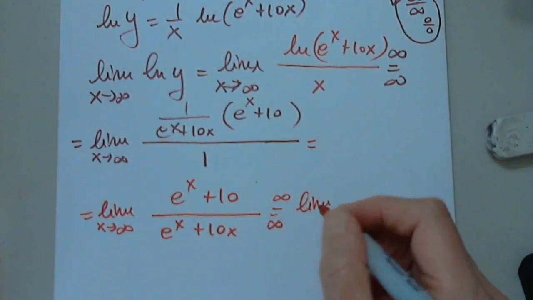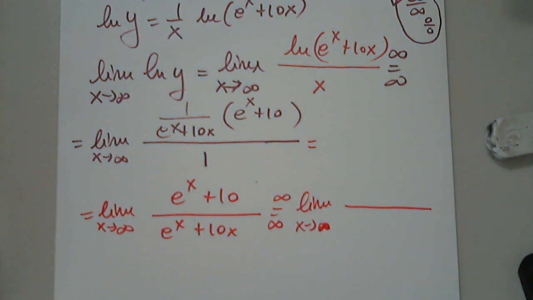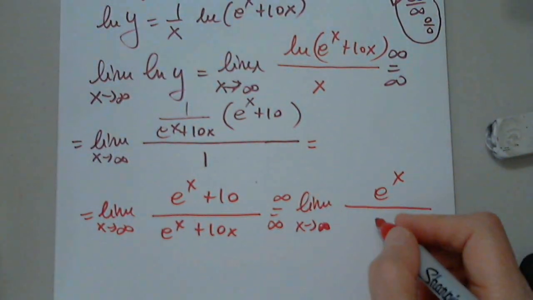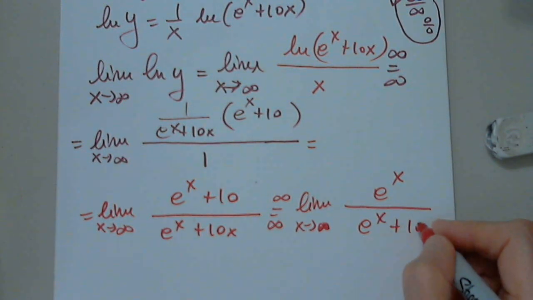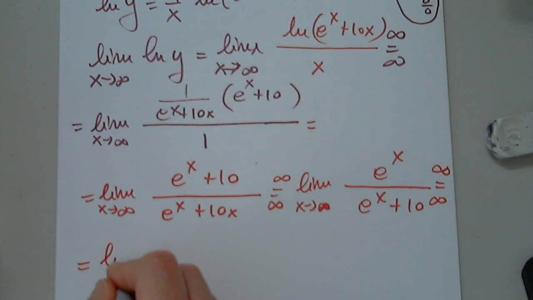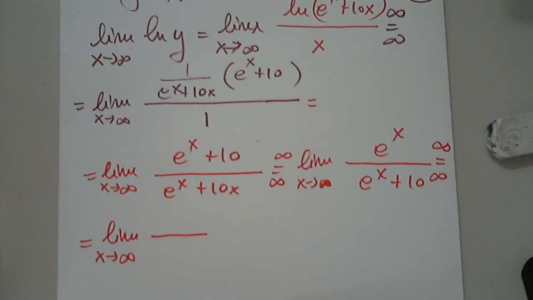Can anyone differentiate the top? And the denominator. E to the x. Yes. And the denominator? E to the x plus 10. Very good. Okay, there is no need, but let's continue. So limit as x approaches infinity. Can anyone differentiate top and bottom again?